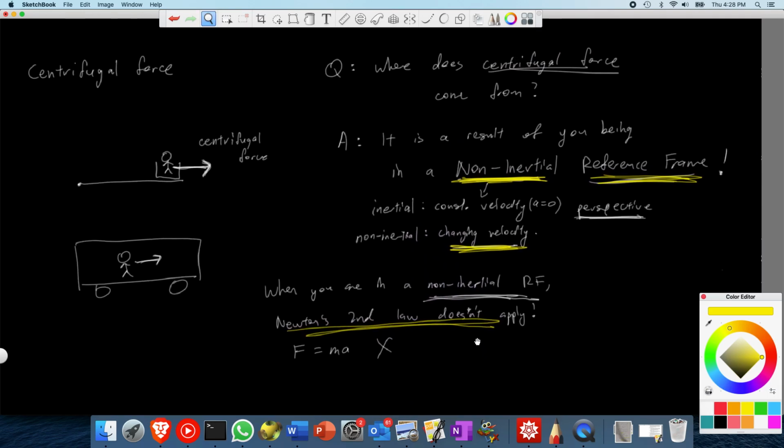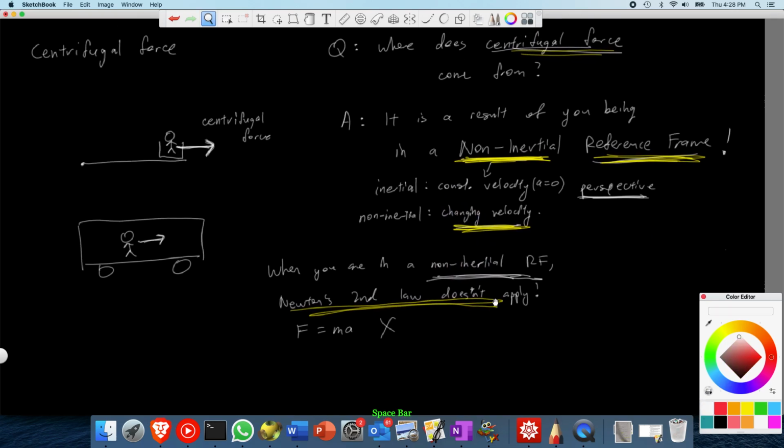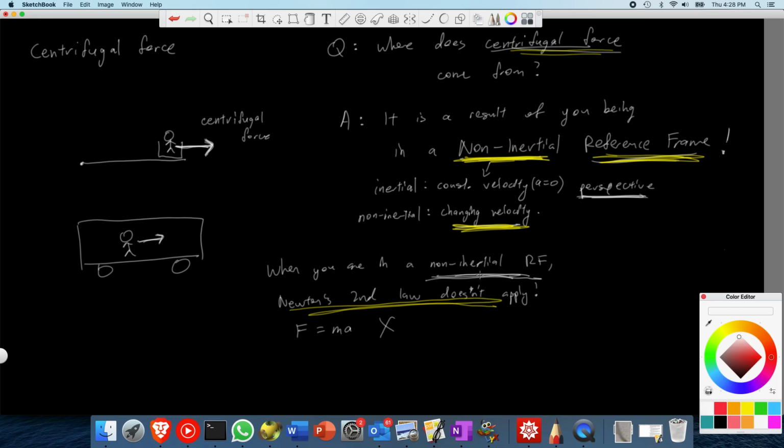And now I'll link this to how you feel the centrifugal force. Of course, Newton's law breaking down isn't very helpful because it just tells us that Newton's law doesn't apply. How exactly does it result in the centrifugal force?